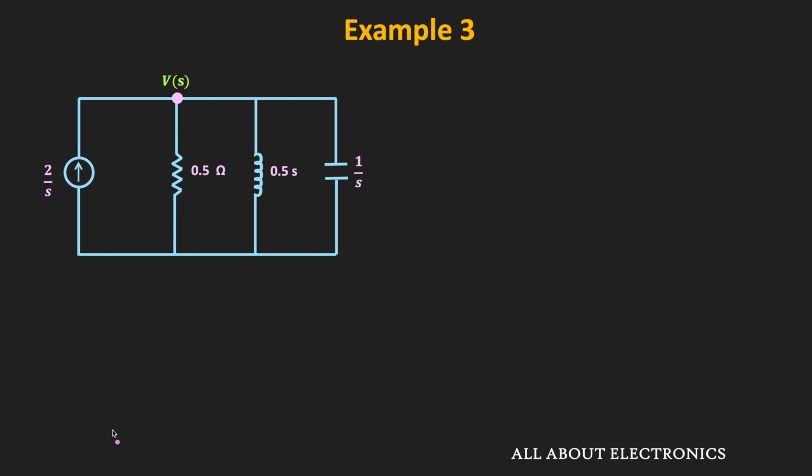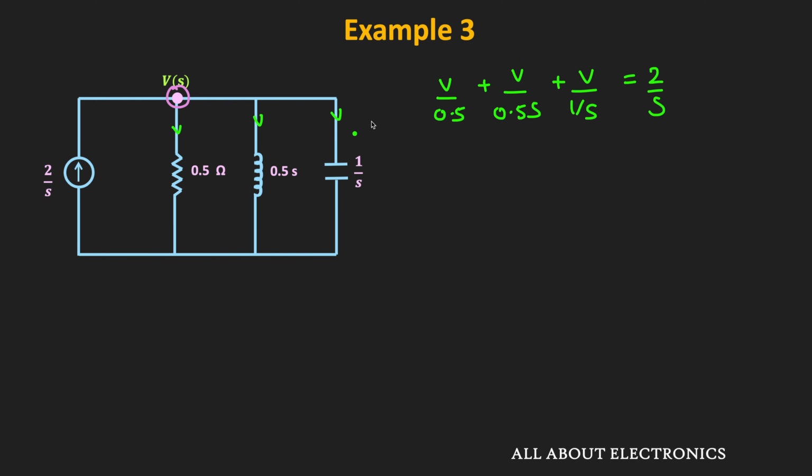So to find that, let us apply the KCL at this node. Applying the KCL, we can write V divided by 0.5 ohm, that is this current, plus V divided by 0.5 S, that is the current through this branch, plus V divided by 1 divided by S, that is the current through this branch, is equal to 2 divided by S, that is the incoming current.